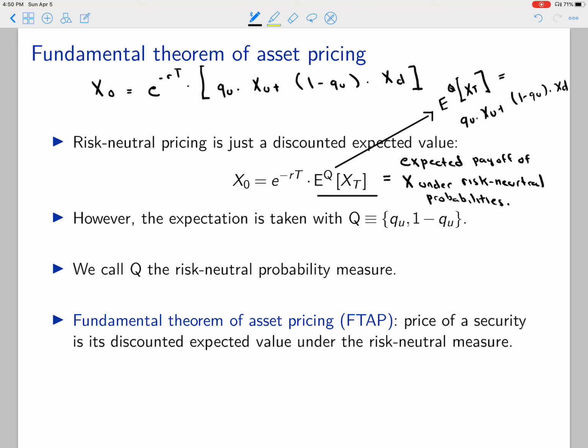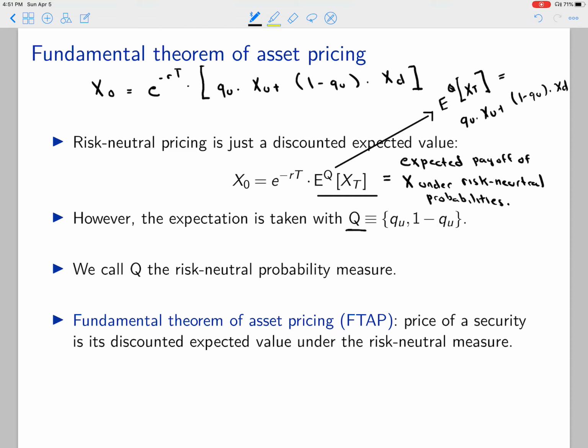The risk-neutral expected payoff, again, is just a probability weighted average. It's the probabilistic expectation, but where the probabilities are not actually physical likelihoods of things occurring, but rather synthetic risk-neutral, or Q, probabilities.